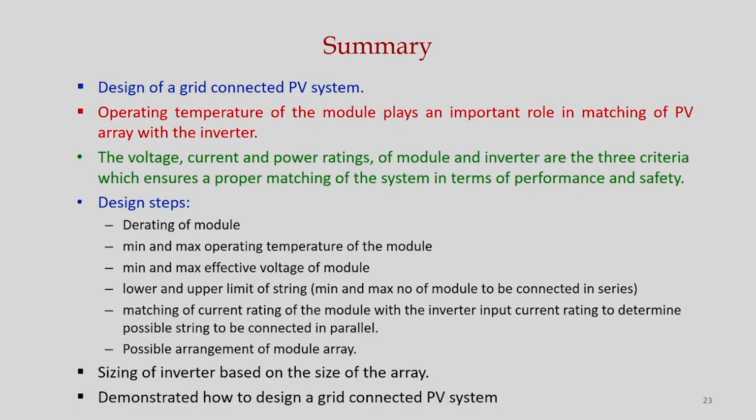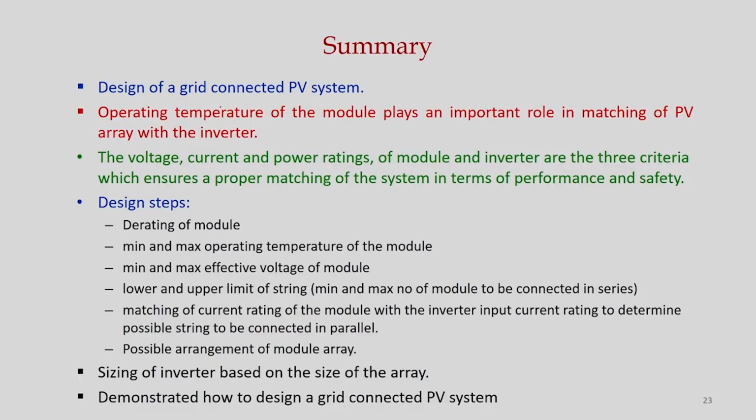There are many components that I left out, maybe this can be considered in the next class when we analyze the performance of a grid connected PV system. So, we can summarize what we have discussed in this class.